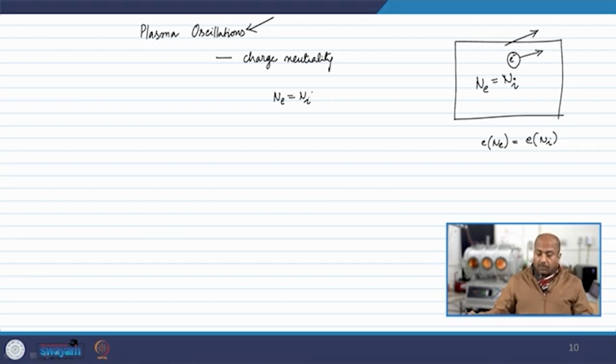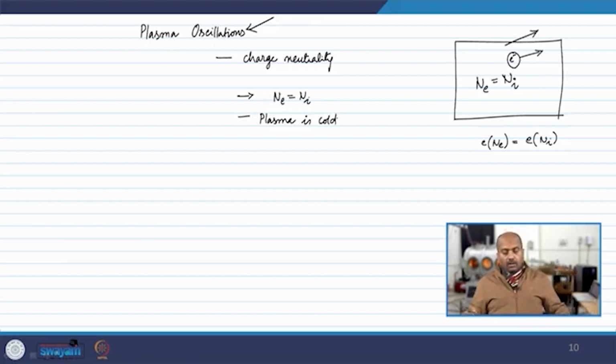We assume that the plasma is very cold. This is assumption number 1: the plasma is cold. We are going to use this statement quite often. What does it mean? It means that there are no thermal motions of the atoms or ions.